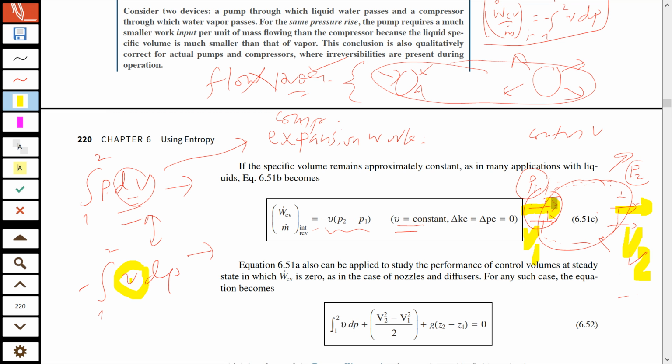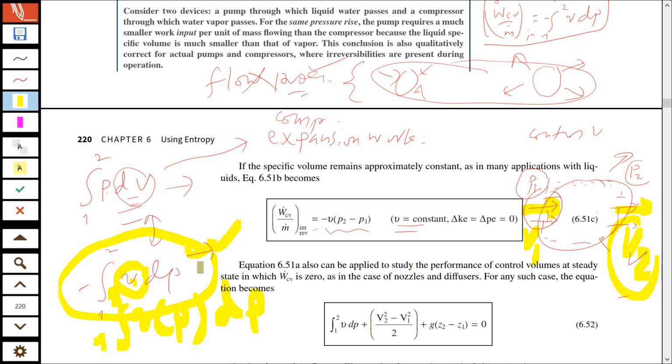If it's a compressible fluid, you cannot expect it to have the same specific volume. So specific volume can change with pressure, and when you integrate specific volume with respect to pressure between two states, that will give you the work transfer associated with a flow. So it's the flow process which forces us to integrate V with respect to P and not P with respect to V. That's a quick way of remembering it.